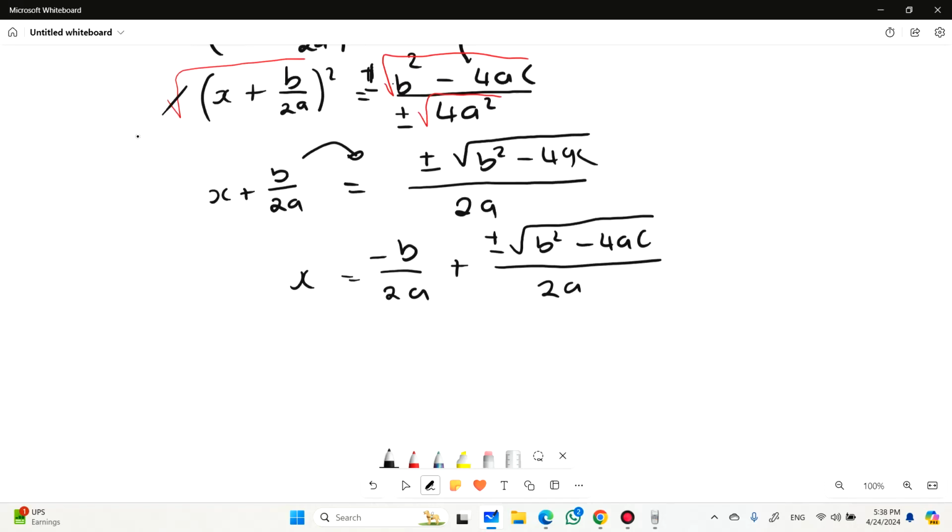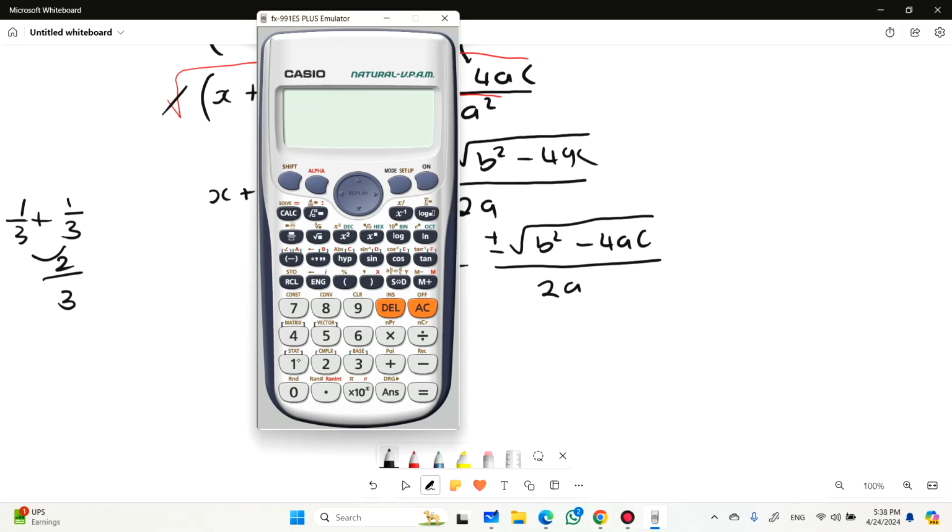Now we notice something here. When you have the same denominator and we are adding and subtracting, you leave the denominator as is, and then you add or subtract the numerator, right? So 1 over 3 plus 1 over 3 will be 2 over 3. Similarly, you can play around with it.